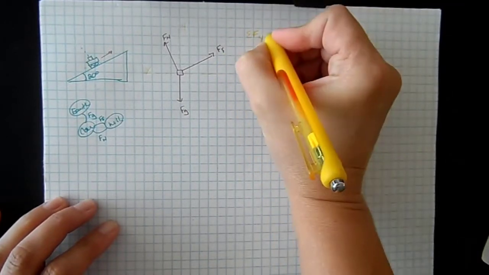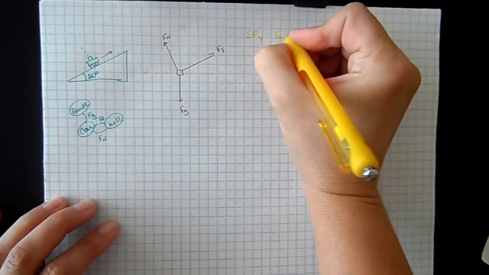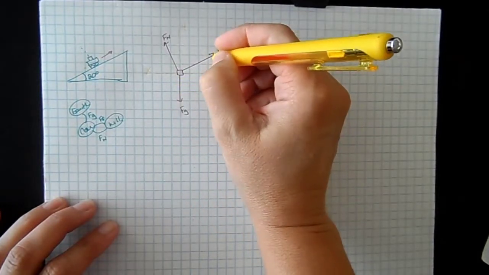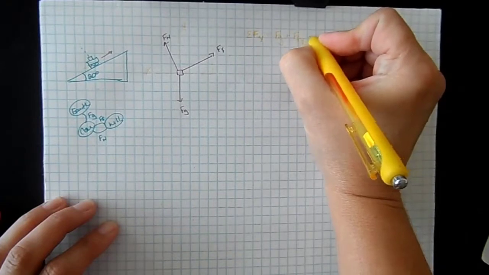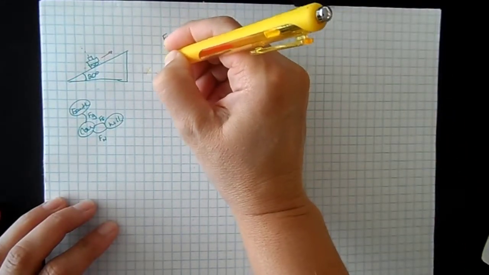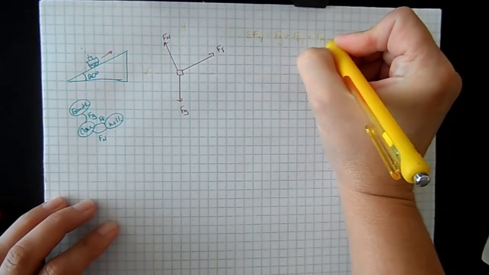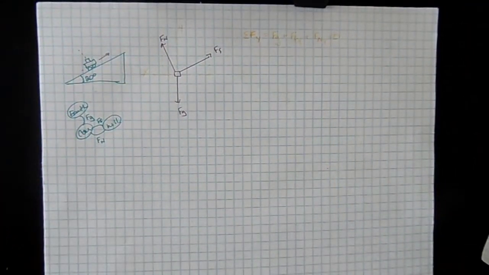We have the sum of the y forces are going to be the force of gravity. It's going to be the friction force, but not just the friction force, but the y component of the friction force. And then also the y component of the normal force. Now our car is at rest, so those are still going to be equal to 0.